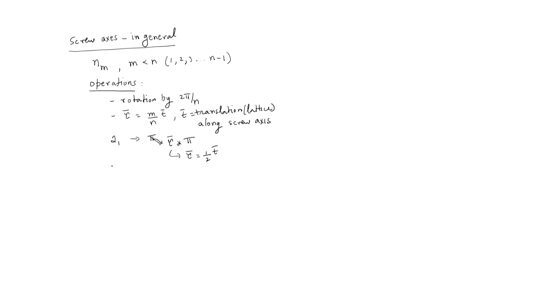If I had a 3 sub 2 screw axis, then I will have a rotation of 2 pi by 3, or 120 degrees, followed by the screw translation tau, and in this case tau would be equal to 2 upon 3 times the lattice translation. So, this we have already discussed. This is just a summary of what we had done.